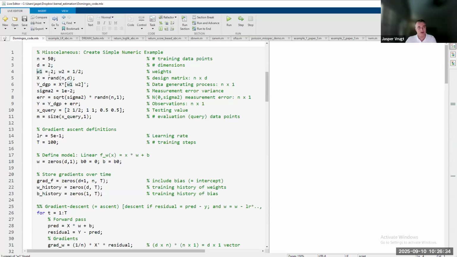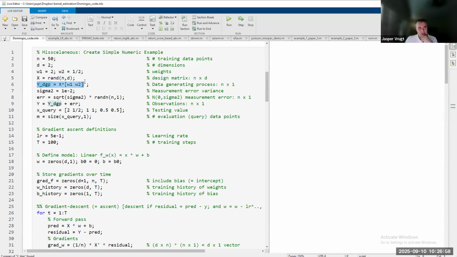So here I assign the values of the weights. Weight 1 is 2, weight 2 is a half. Then I create what's called a design matrix. I draw random samples between 0 and 1, standard uniform distribution. So I get a matrix of size n by d, which is 50 by 2. So x is 50 by 2.